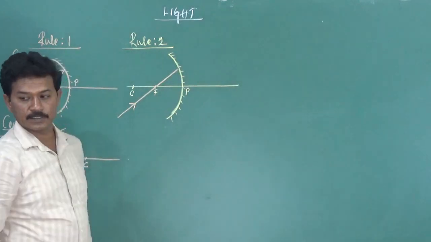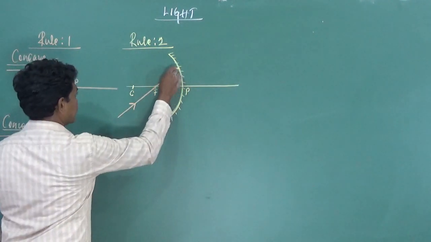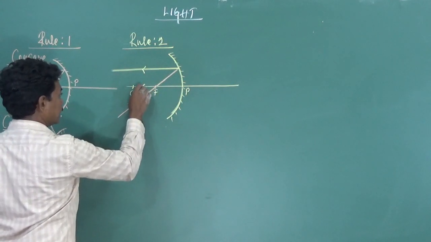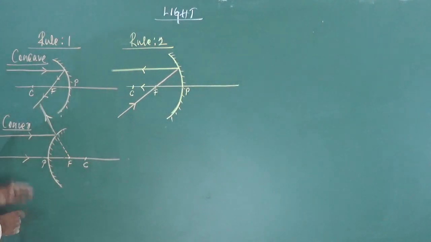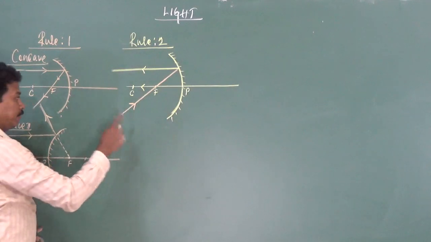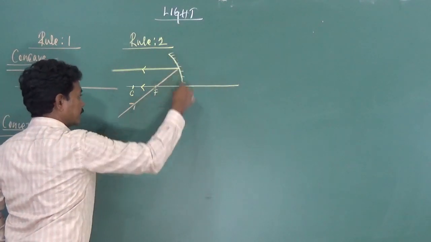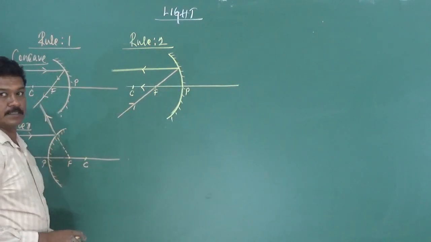Then the light ray is going to travel exactly parallel to the principal axis. So remember this: a light ray travelling parallel to the principal axis, after reflection, passes through the principal focus. And a light ray travelling through the principal focus, after reflecting, starts travelling parallel to the principal axis.